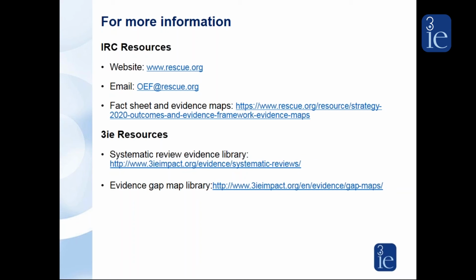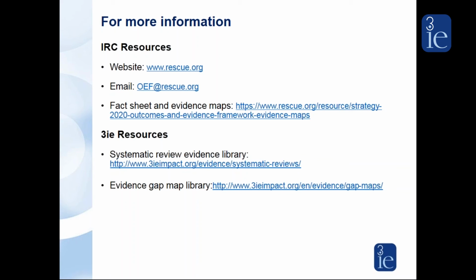We've also been using them to develop organizational research priorities. The IRC, in addition to being an implementing organization, also produces a lot of impact evaluations, and we've recently tried to structure our strategy for where we invest in impact evaluations a little more systematically, and the evidence maps have been very useful for that.